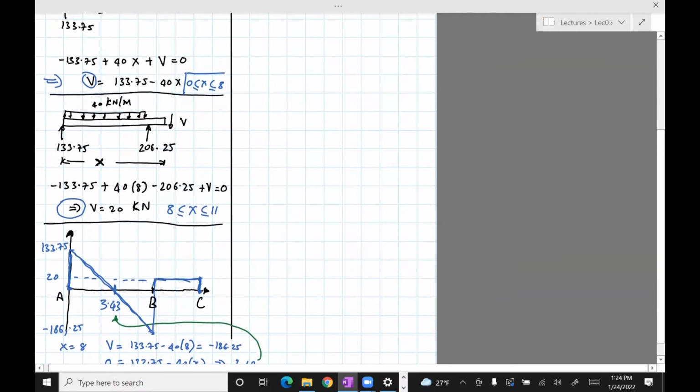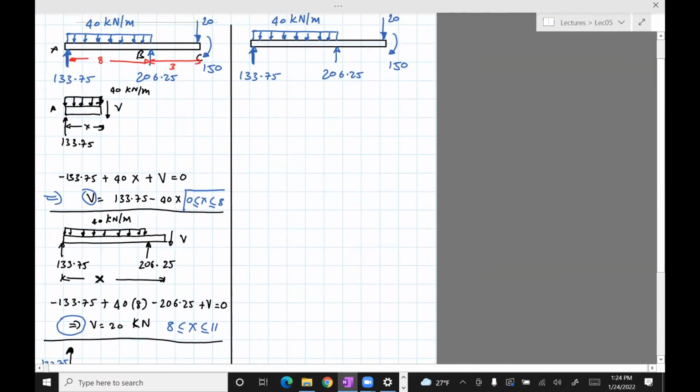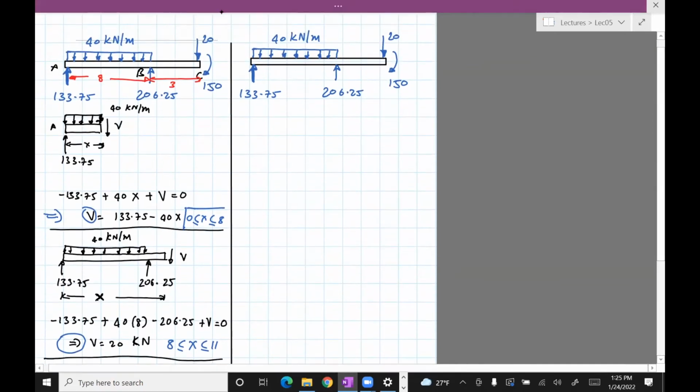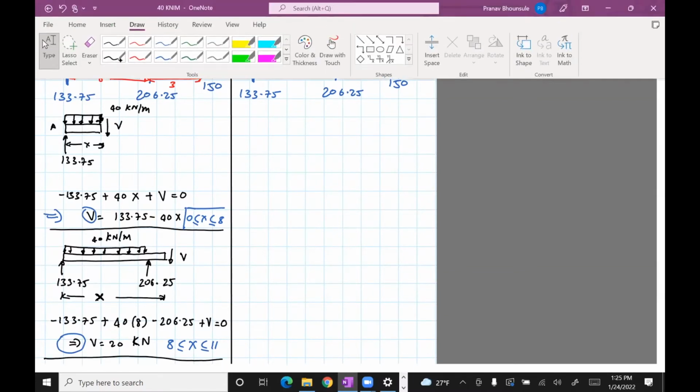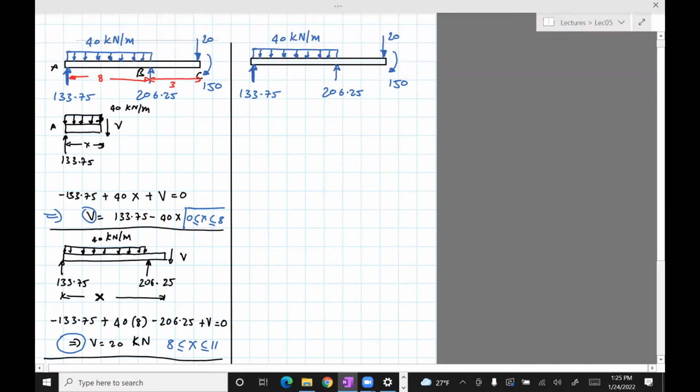Okay, so we do the same thing, which is we start cutting the beam at points where there's a force or moment. We just cut those parts, and then we write the force and moment equilibrium equations and solve for the moment. So let's do that. First we go from A to B, cut it between the two.